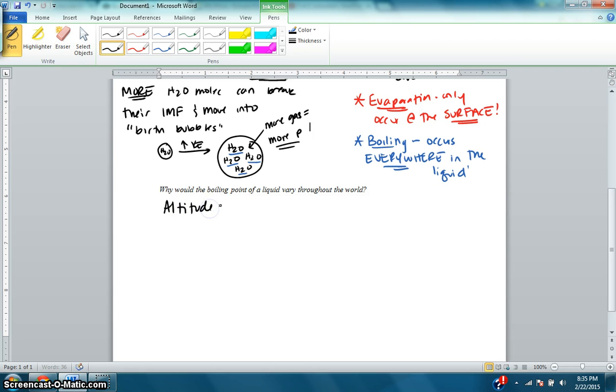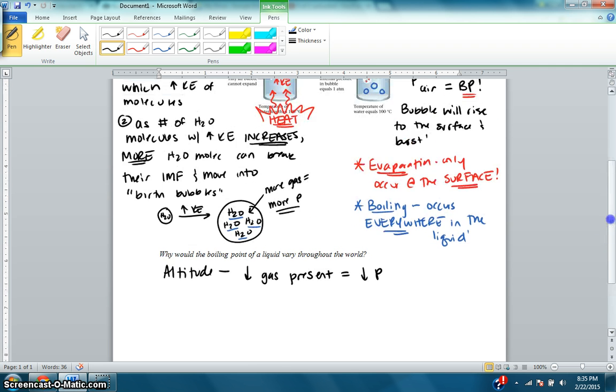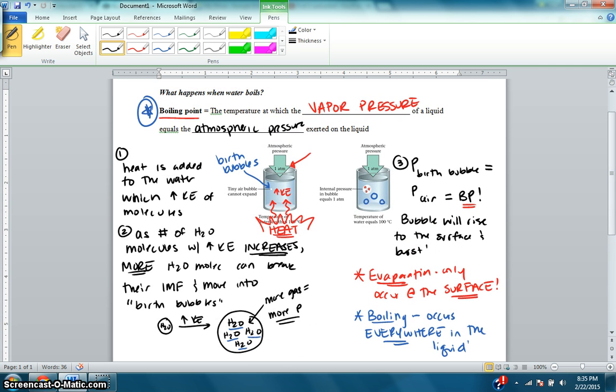What we mean by altitude is the top of a mountain. We already learned in our gas laws unit that when we're at altitude, we have less gas present. And because we have less gas present, that means we have less pressure on the top of a mountain. In order for us to boil, the pressure of the bubbles inside our liquid has to equal the atmospheric pressure.